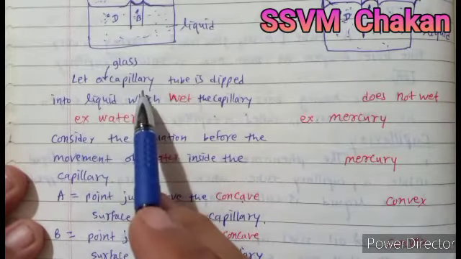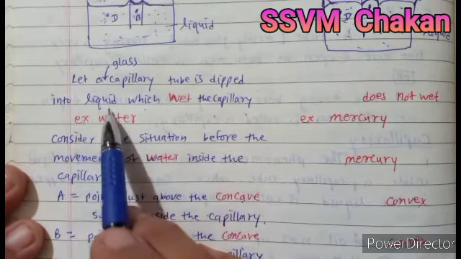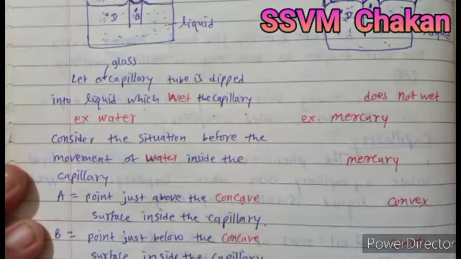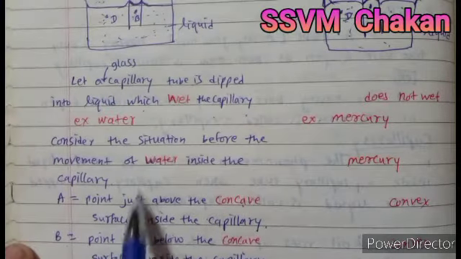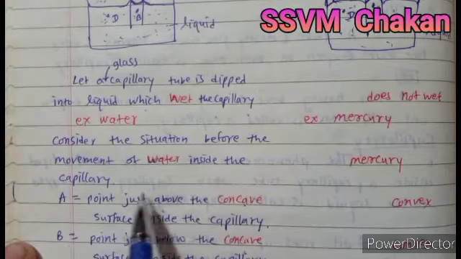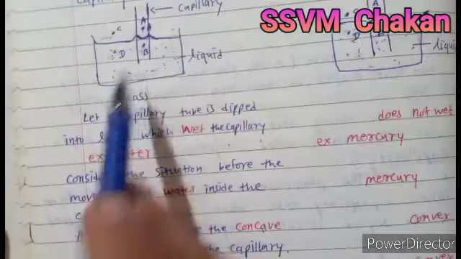Let a glass capillary tube be dipped into a liquid which wets the capillary. Consider the situation before the movement of water inside the capillary. This is the initial condition.